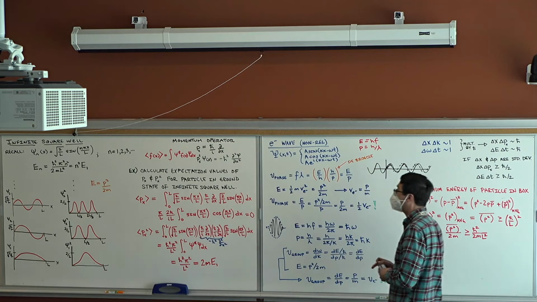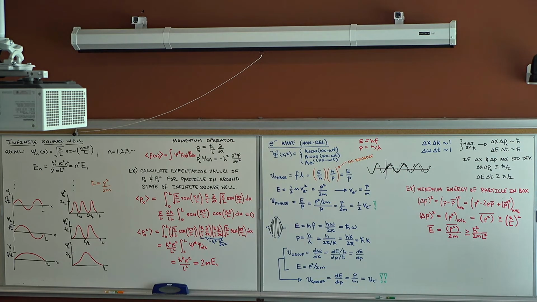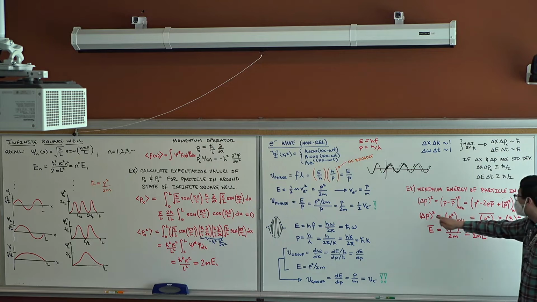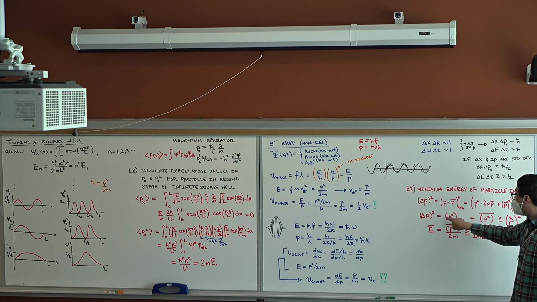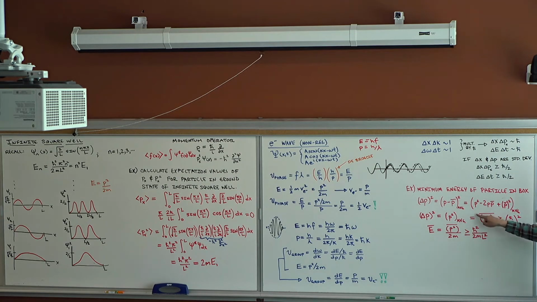And this was a fairly symmetric idea, right? But that means that this p bar and this p bar are 0. And so what we get is that this term is 0, this term is 0, it's just p squared averaged. So delta p squared is equal to the average of p squared. I'm going to write that with just a big bar over the top of p squared. So I don't mean p average squared, I mean the average value of p squared.